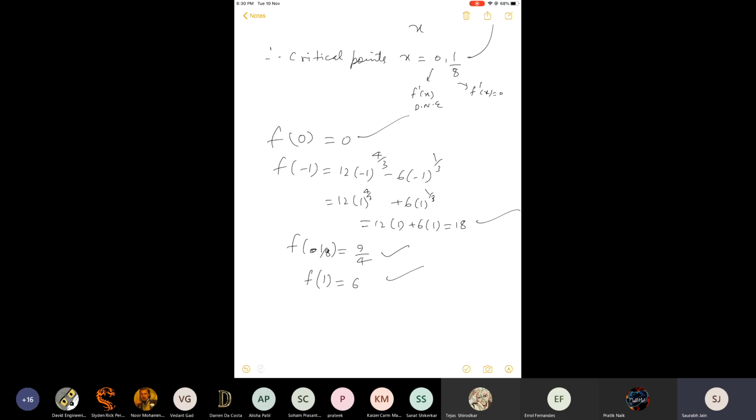You can check the value later on. So clearly out of these four, minus 9 by 4 is lowest, so it is the absolute minimum value. And 18, which is coming at minus 1, is the absolute maximum value.